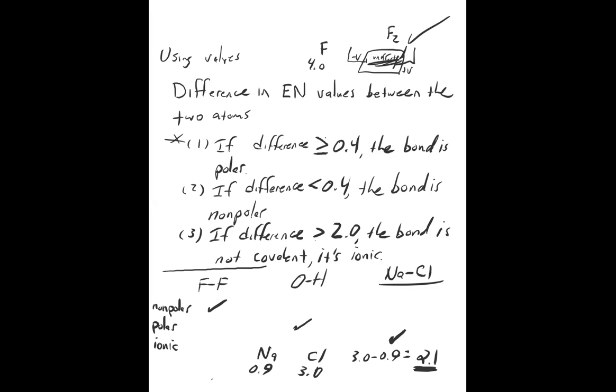Okay. Now, one more thing to mention, which is we do have this idea that a dipole has a positive end and it has a negative end, right? That's our dipole. So when a bond has a dipole, we say it's polar for short. Which one is positive and which one is negative?